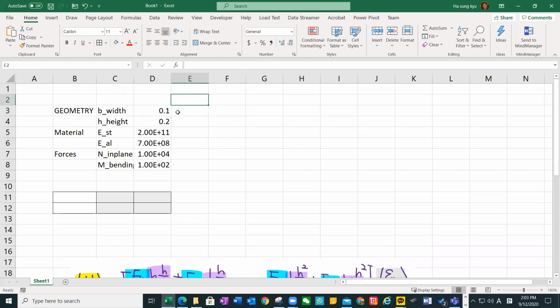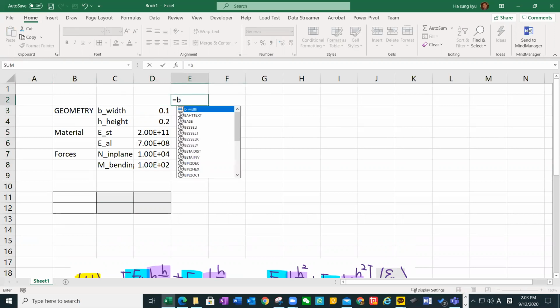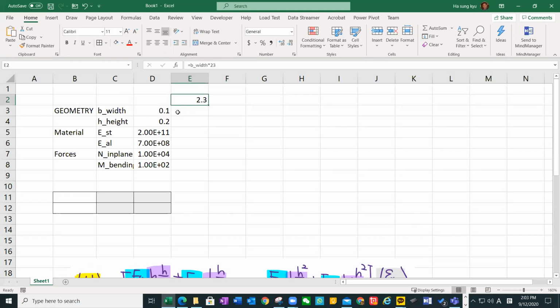So anytime, let's say B width times whatever value, you get the values. So whenever you change this value, it will be automatically changed. So it's convenient to define the names.